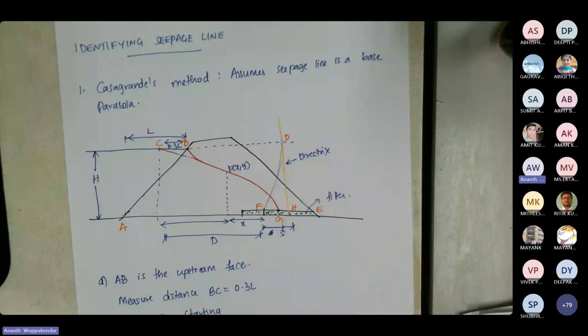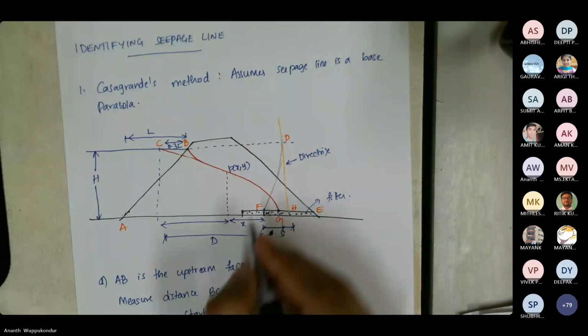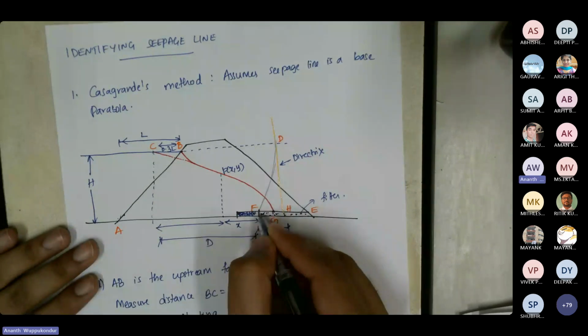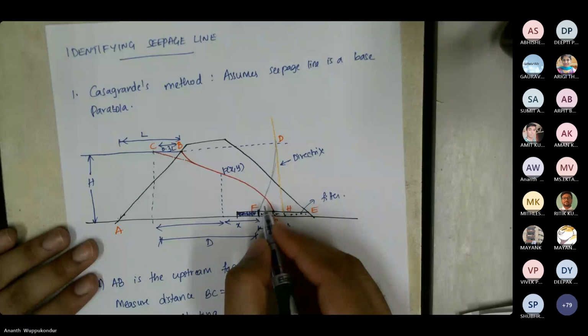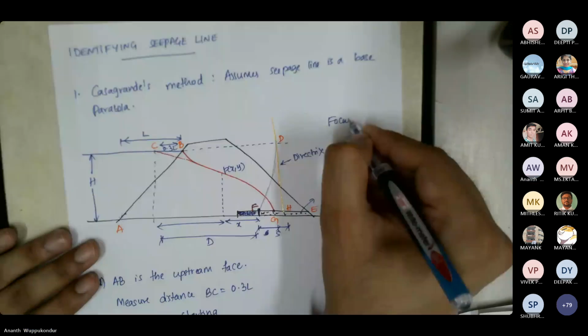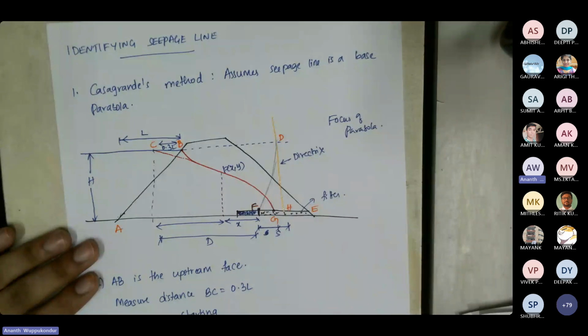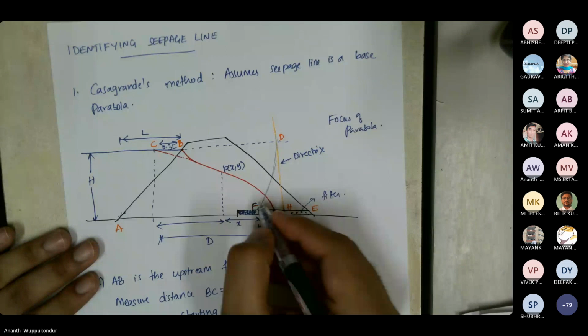Also, the assumption here is that the filter is starting here, and the point is F, or the focus of the parabola. So the focus of the parabola F lies at the beginning of the drainage filter.